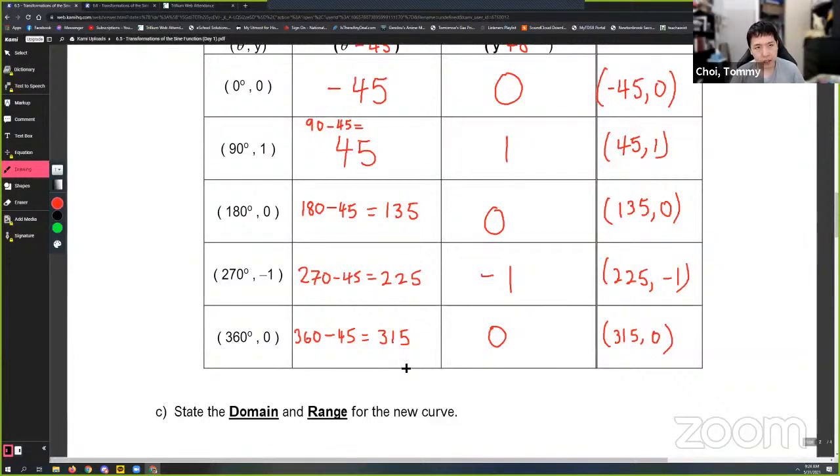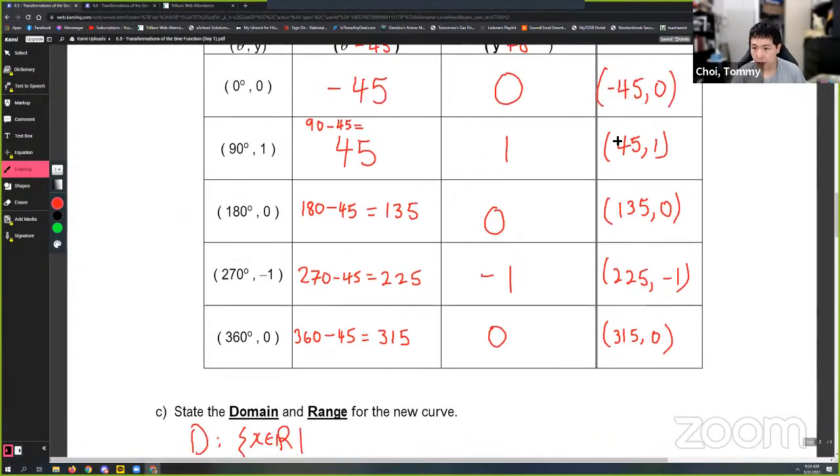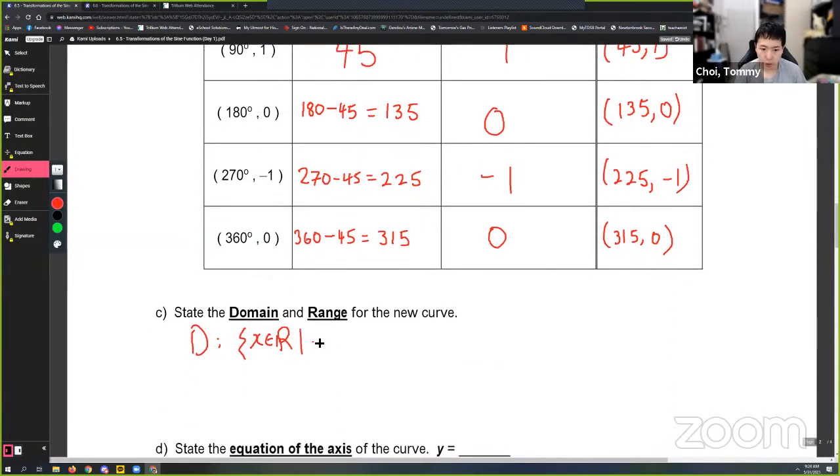For domain, there's not much to say other than if you have a lower and upper limit for the x value, that's what your domain's going to be. So for the domain here, x is an element of the reals such that, and what's the lower limit? It's going to be -45, the lowest x value that we start at, less than or equal to x, which is less than or equal to the highest one, 315.